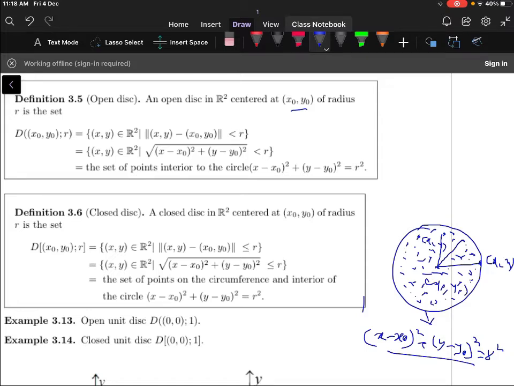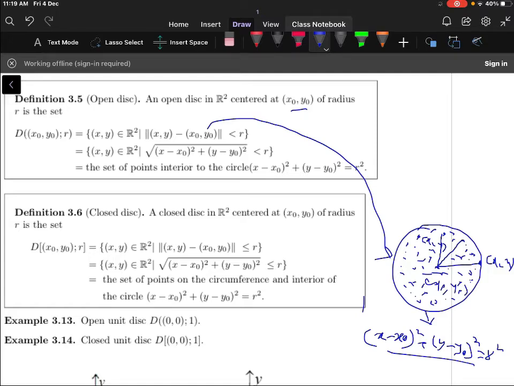So that can be written mathematically as D of x0 y0 with radius r, where x0 y0 is the center of the circle, is a collection in R2 such that the distance between x comma y and x0 y0 is always less than r. So it is nothing but the open disk, just a collection of the interior points to the circle.